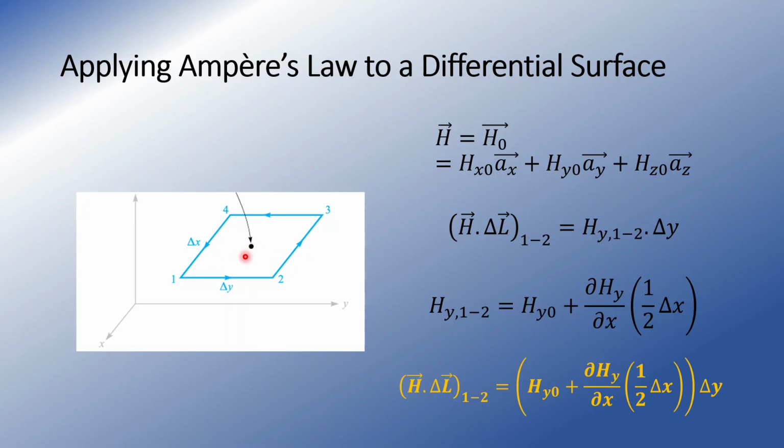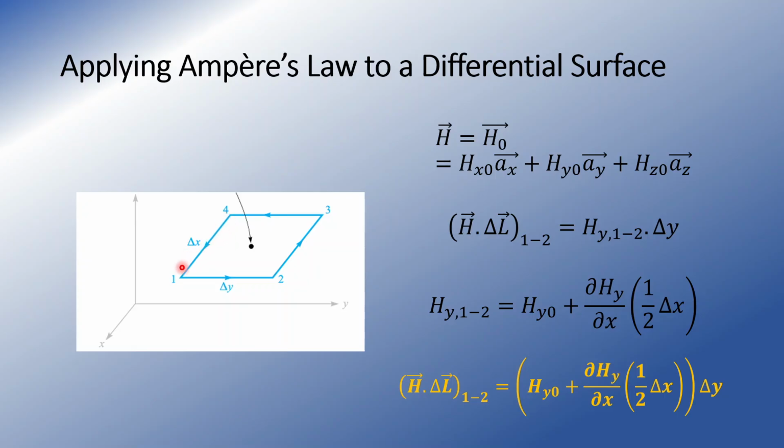Now as we move towards the positive x axis, in the y direction the magnetic field is Hy naught plus the variation we get in the x direction: dou Hy by dou x, the rate of change in the x direction of this y component, multiplied by the distance we travel.